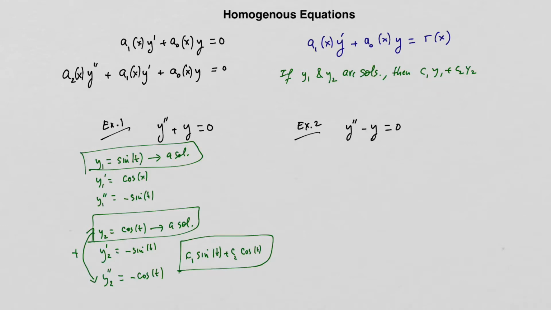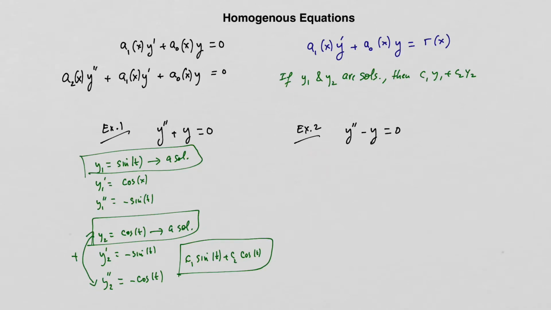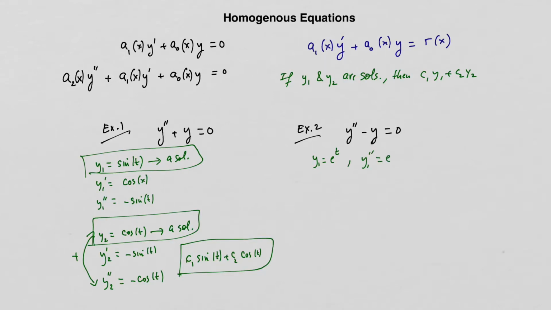We're going to do this the same way, but this time the second derivative is the original function. Well, everybody can guess e to the power of t. Because if you differentiate e to the power of t twice, you get e to the power of t, and if you subtract the second derivative from the original function, you get 0.